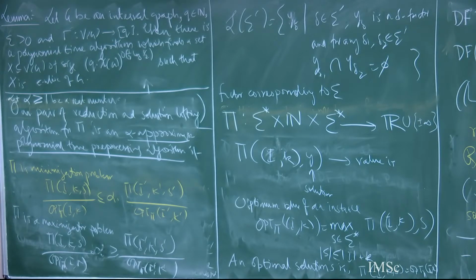For a maximization problem, you'll write the reverse. I assume that the approximation factor is always greater than or equal to 1 for minimization and maximization. For that you'll have to write the right hand side of the first inequality as the reverse.